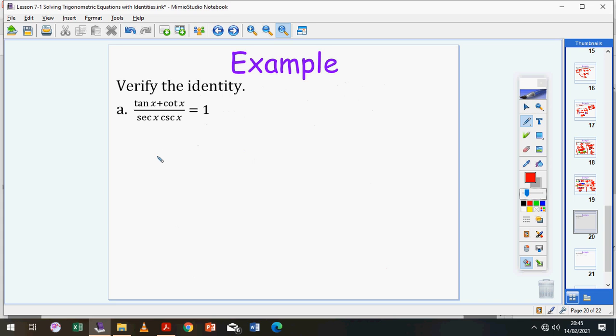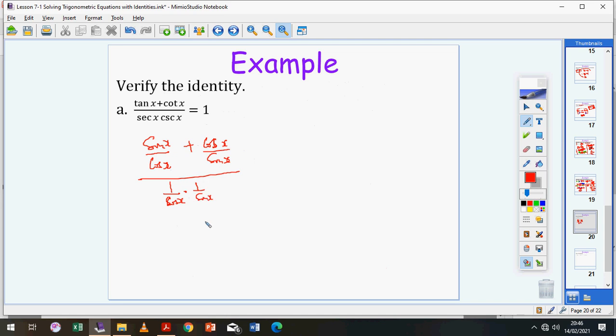Alright, this one: tan x plus cotangent x, divided by secant x times cosecant x. I'm going to go fast on this one. Sine x divided by cosine x, that's the same thing as tan, plus, instead of cotangent, I have cosine x divided by sine x. All of that is being divided by secant, which is 1 divided by cosine x, times cosecant, which is 1 divided by sine x.